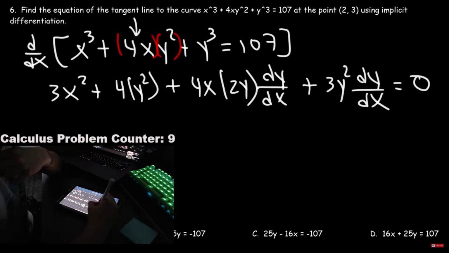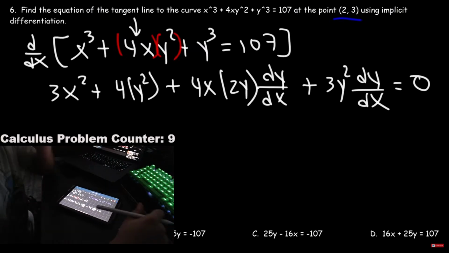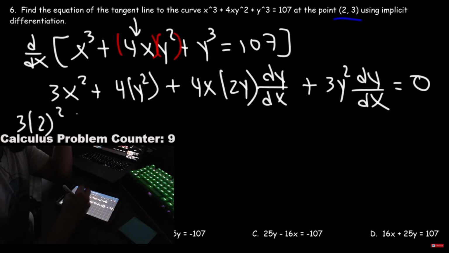Now at this point, we do not need to isolate dy dx. In fact, to make it easier, I recommend replacing x and y with their respective values. So let's replace x with 2, and let's replace y with 3.